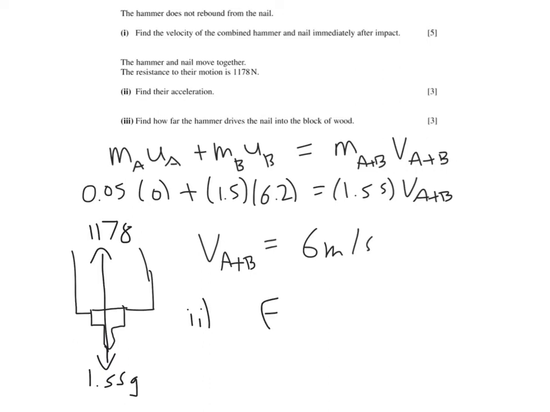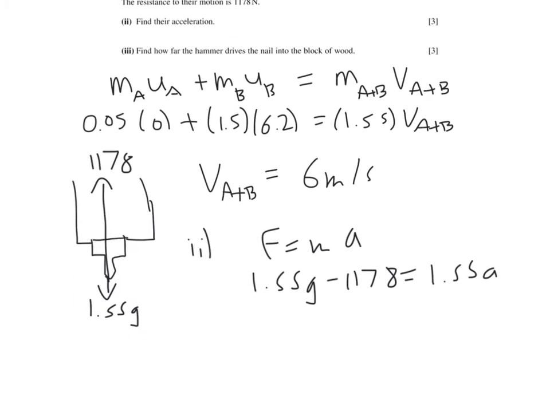So if we do F equals ma, we should be able to find the acceleration. Downward force 1.55 g minus the resistance to motion 1178 equals the mass, which is 1.55, times acceleration. So you get 1.55 times 9.8 minus the 1178.